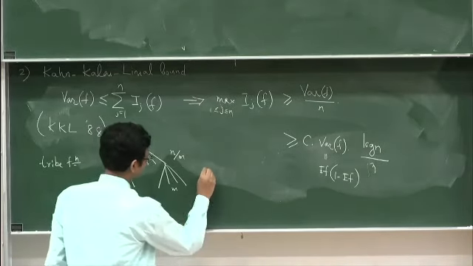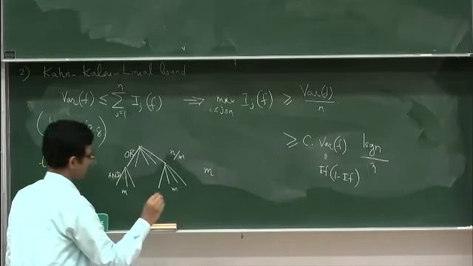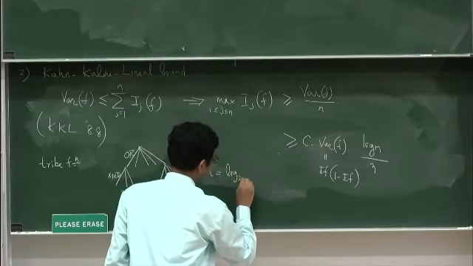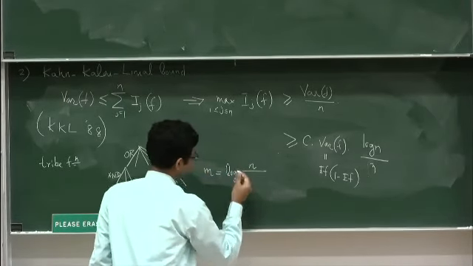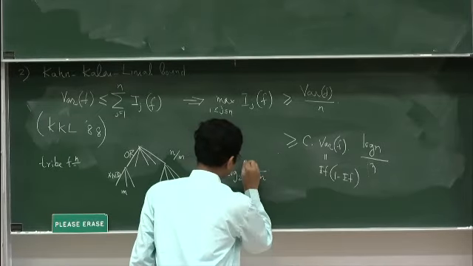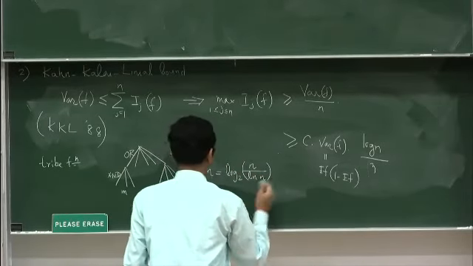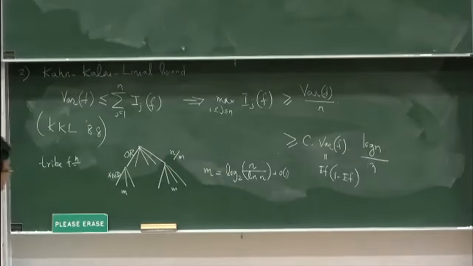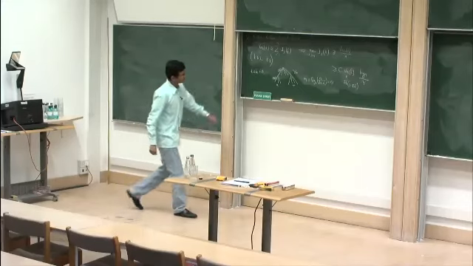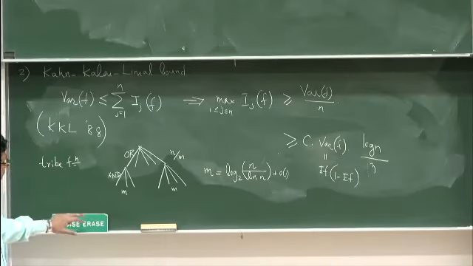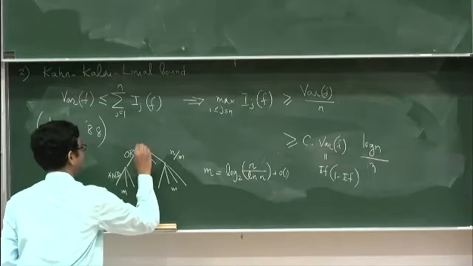And if we take m equal to, let's say, log to the base 2 n over log n, approximately, maybe up to a small o of one term, then one can show that the function outputs a value depending on the value at the root.